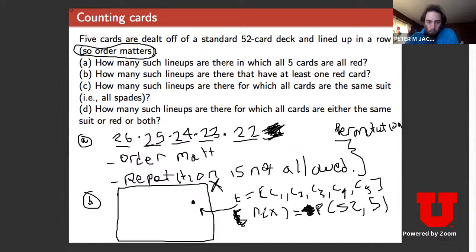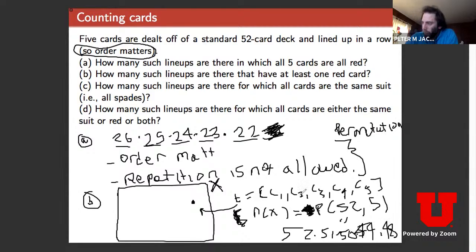So the number of points in this set X is P(52, 5), which is the number of ways to, it's a permutation, it's just 52 times 51 times, let me just write it out.